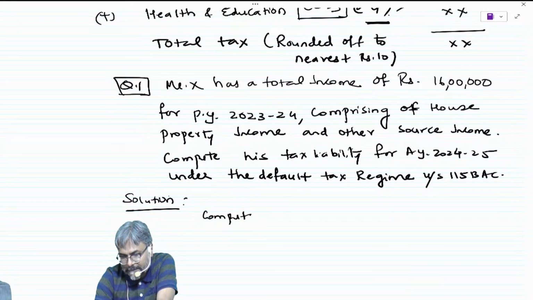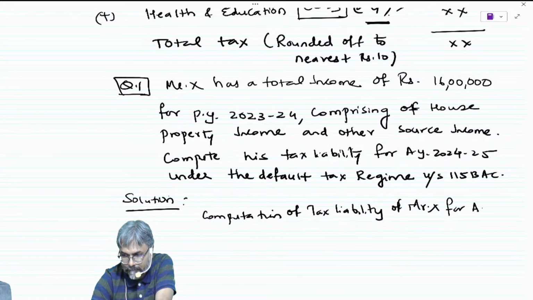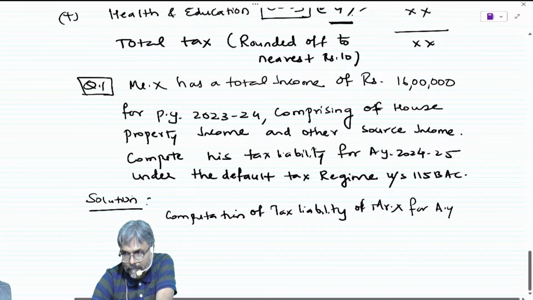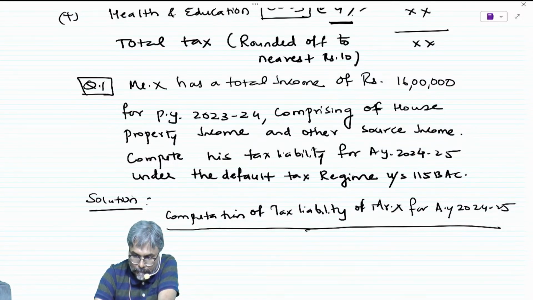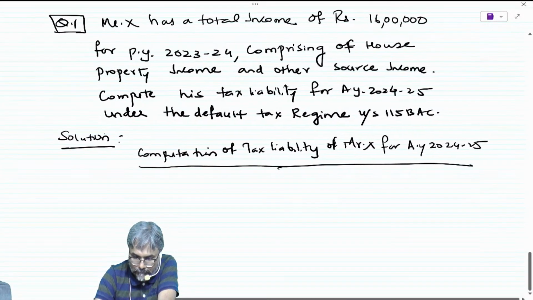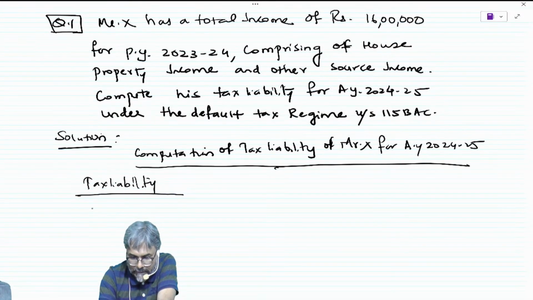Computation you have to write like this: Computation of tax liability of Mr. X for assessment year 24-25. So, for tax liability, 3 columns are required, or maybe 2 columns will be sufficient.